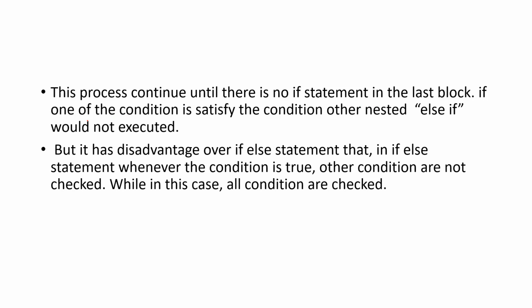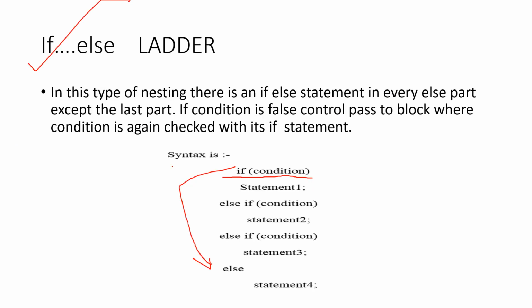If one of the conditions is satisfied, then the other else if will not be executed. If this condition is true, then this statement will be executed; otherwise, this condition is false, and it goes to this else, and this else has an if condition.